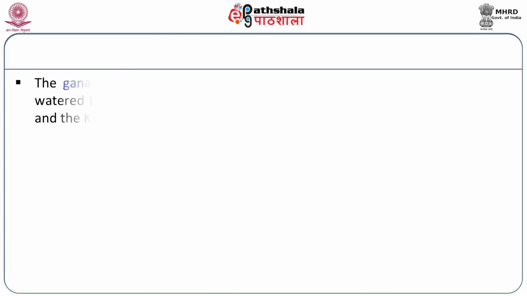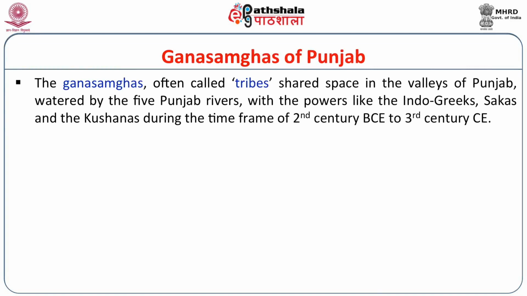They were mainly from the Punjab region, and they finally moved into regions of Rajasthan and Western India. The Ganasanghas were often called tribes, and they shared a space in the valleys of Punjab watered by the five Punjab rivers with powers like the Indo-Greeks, the Shakas and the Kushanas during the time frame of the 2nd century BC to 3rd century CE.